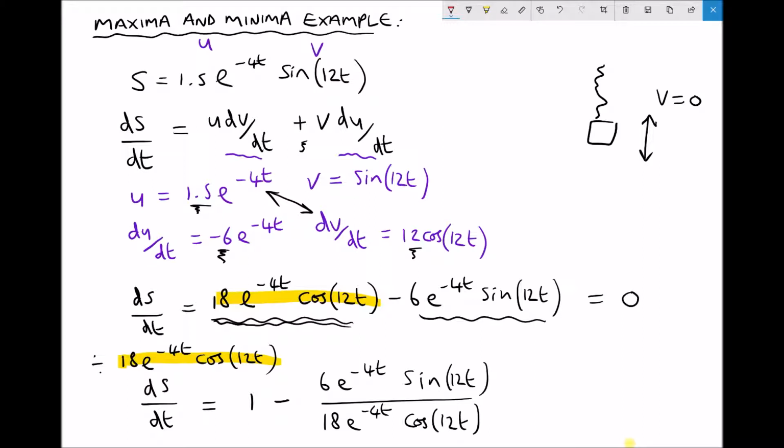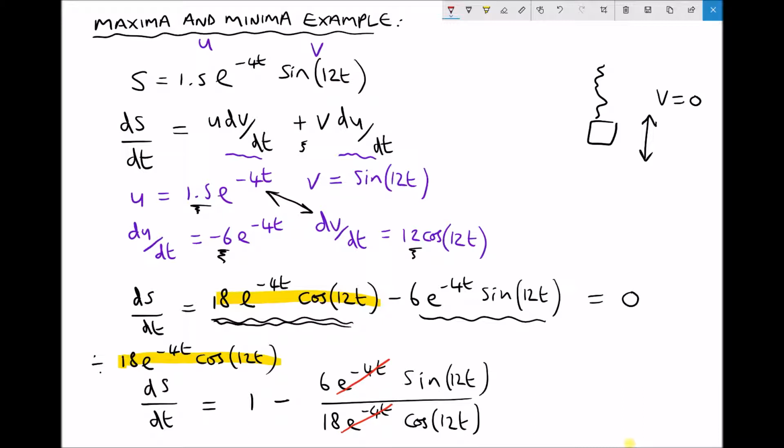Now, for the reasons just mentioned, we can simplify this because anything divided by itself just equals 1. e to the minus 4t divided by e to the minus 4t is just 1, so we can actually cancel those out. And hopefully you also recall that sine theta over cos theta equals tan theta.